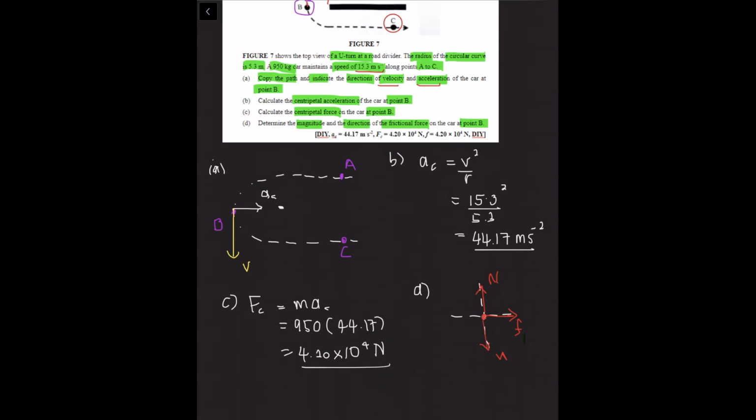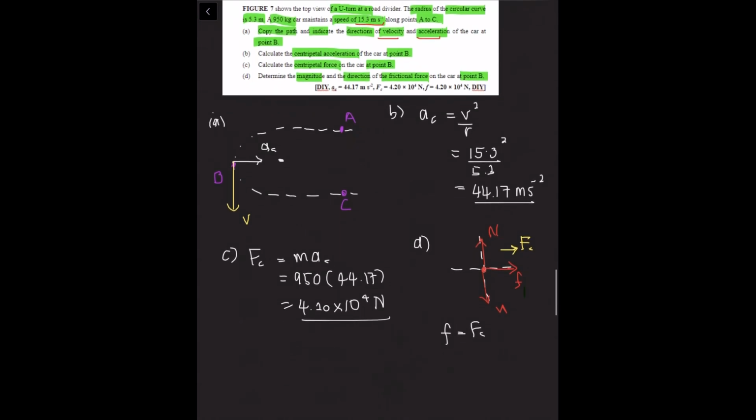Actually, the frictional force is the force that contributes to Fc. So here the frictional force is equal to Fc, the centripetal force. We already calculated the value of Fc, so the frictional force is the same as the centripetal force, equal to 4.20 times 10 to the power of 4 newtons.